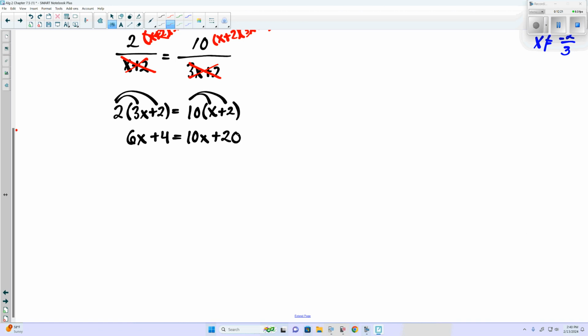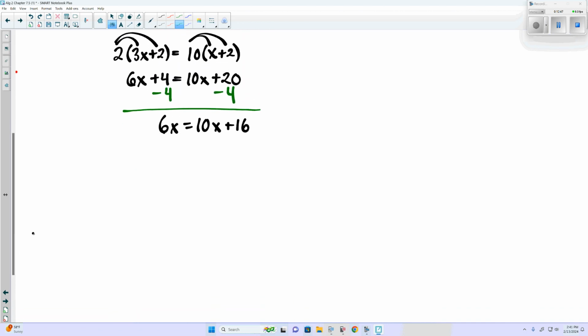We don't have x to an exponent other than 1. So get x by itself. What can we do first? Minus 4. We can subtract 4 from both sides, telling us that 6x is equal to 10x plus 16.